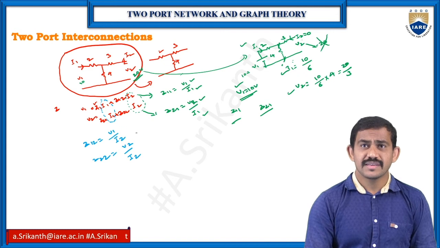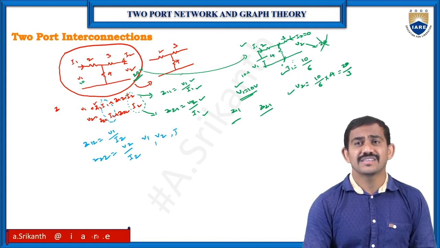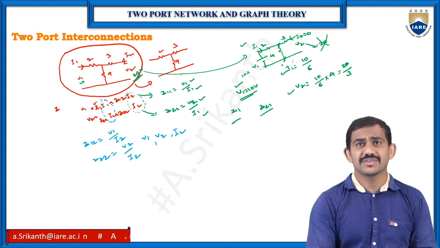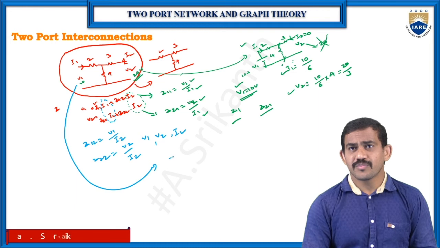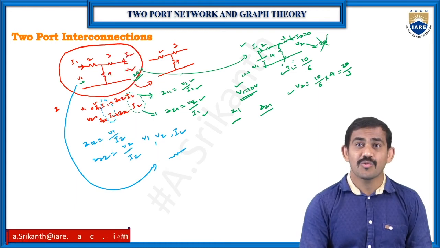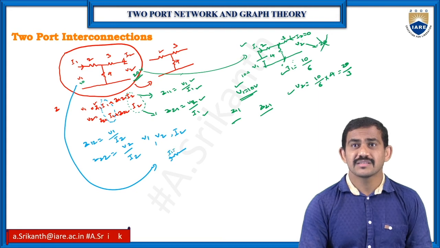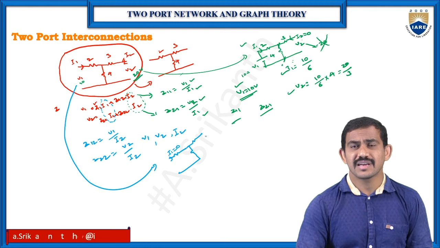Now I need the V1 value, V2 value and I2 value also. Now the circuit: on the primary side I1 is 0, which means the primary side is open, and the secondary side needs to be connected.